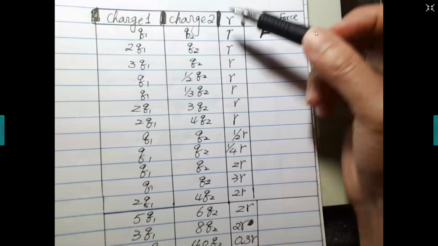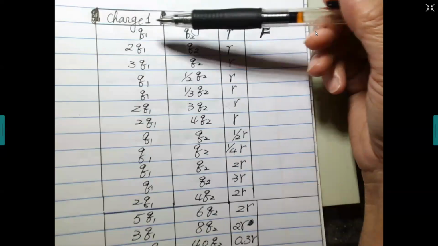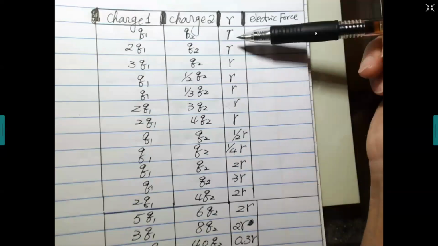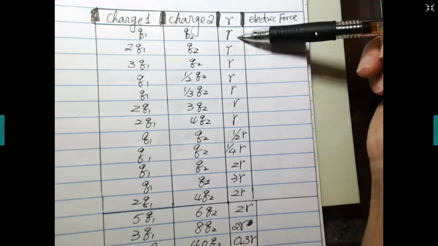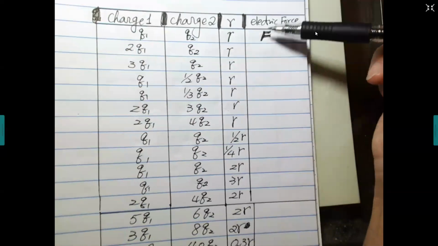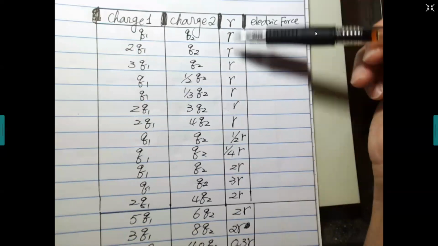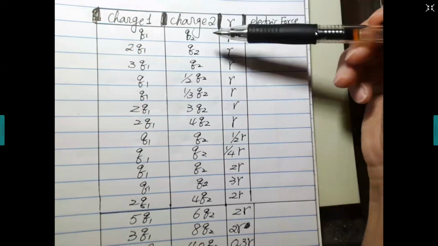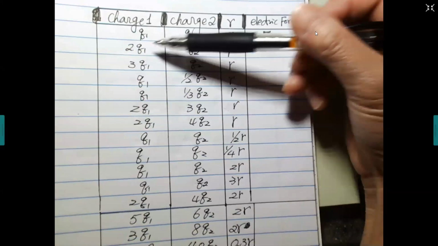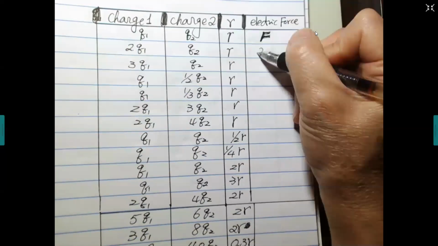When one charge carries this much, Q1, the other charge is Q2, and the separation between them is R, I'm going to name the electric force between them F. Now, when this one remains the same and this one remains the same, and one of the charges is doubled, the force will be doubled.